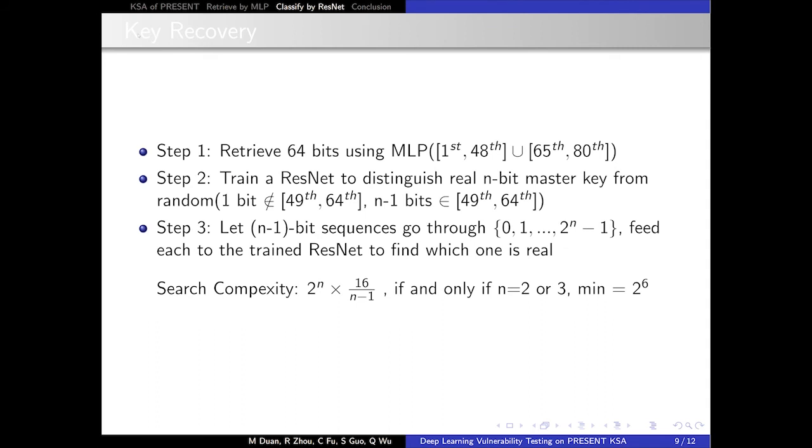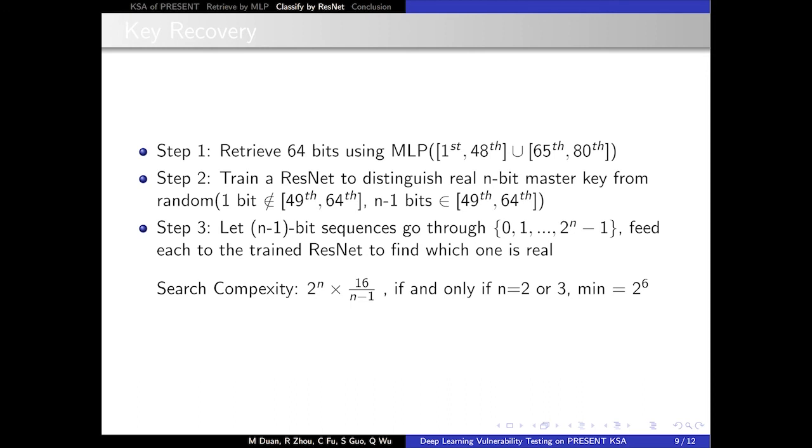We first retrieve 64 bits using the MLP. It can get the result directly. And next, we train a ResNet that can distinguish an n-bit real master key from random at one time.